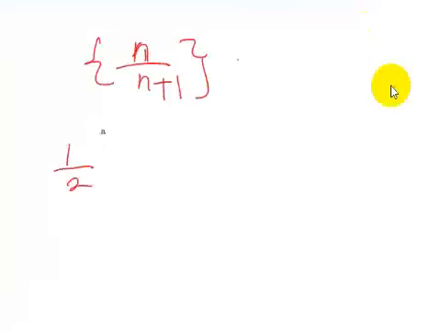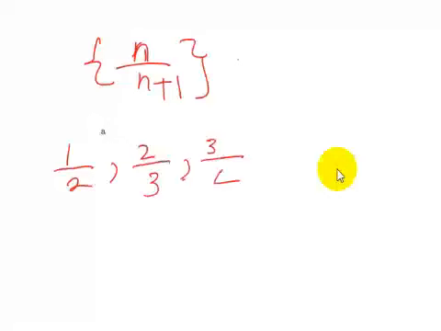Let's consider the sequence n over n plus 1. What is the first term? The first term is 1 over 2. Substituting 2, the second term is 2 over 3, the third term is 3 over 4, the fourth term is 4 over 5, and so on.